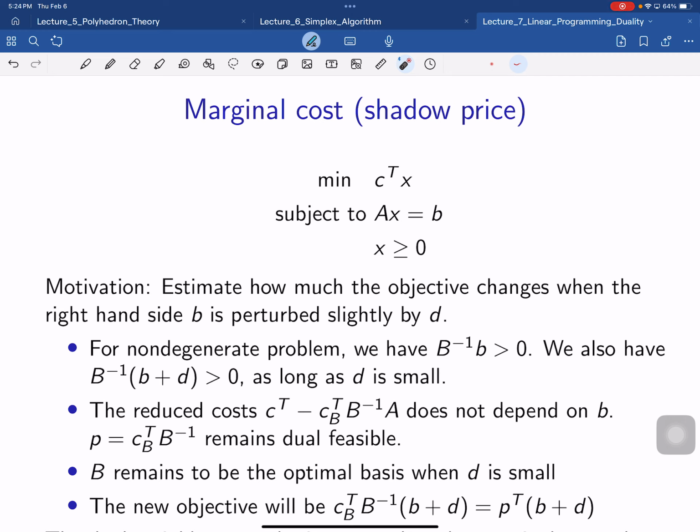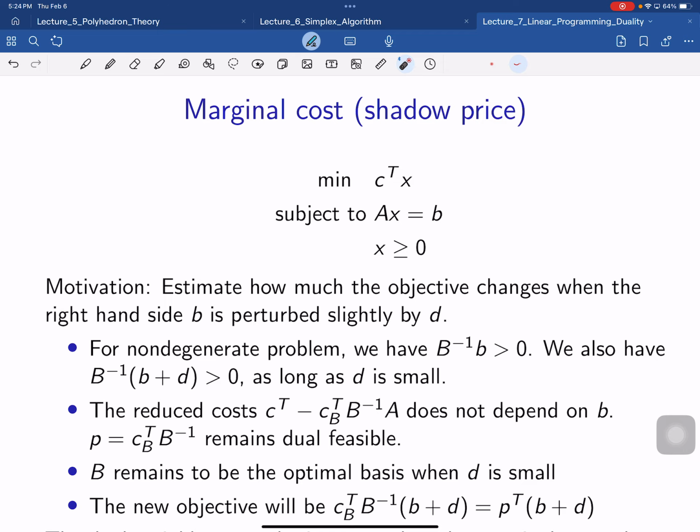You can have a knapsack type of problem where all your resources have to be less than or equal to the existing resources you have. Now I want to understand if I get more resources, how much I can improve my objective, or if I get less resources, how much my objective will deteriorate.